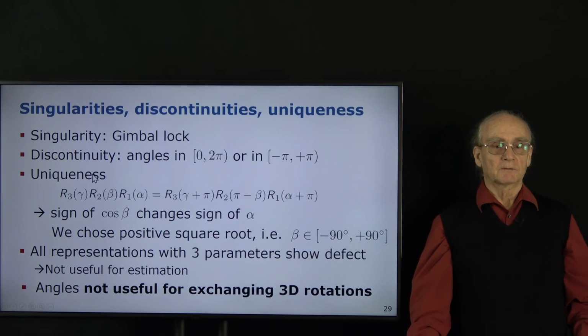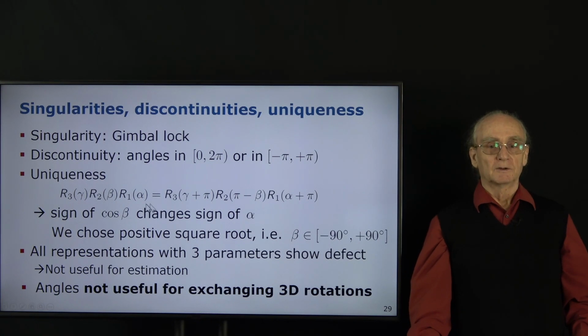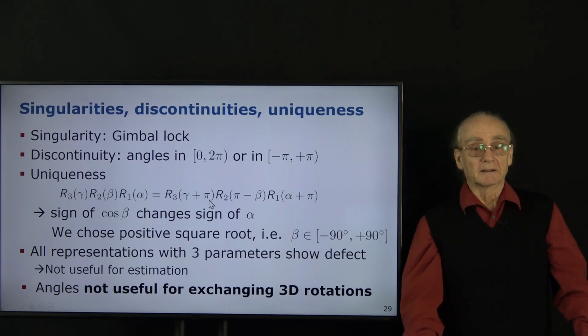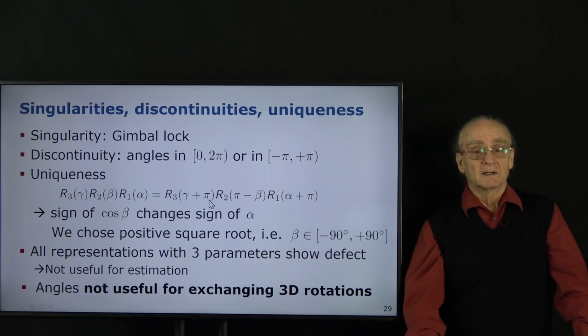Then the definition of the rotation matrices is not unique. That means if you have rotation around the axis 1, 2, 3 with alpha, beta, gamma in this sequence, you will get the same rotation matrix algebraically if you add 180 degrees to the first angle around the first axis, take minus beta for the second angle around the second axis, and add 180 degrees to the third angle around the third axis.